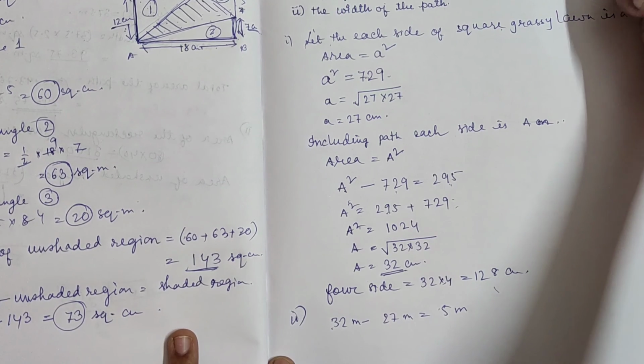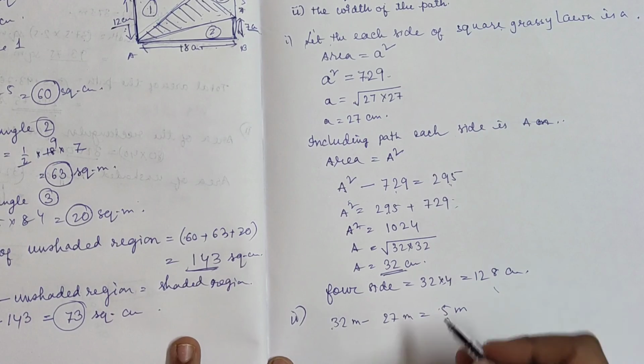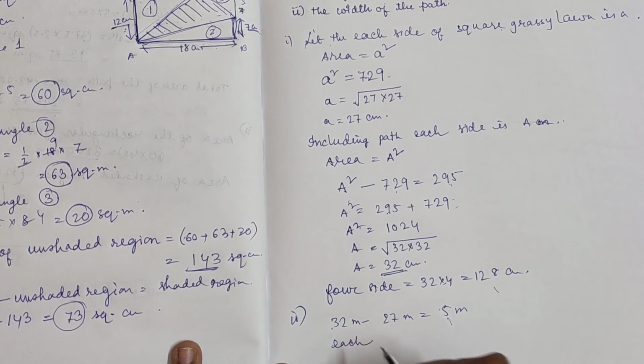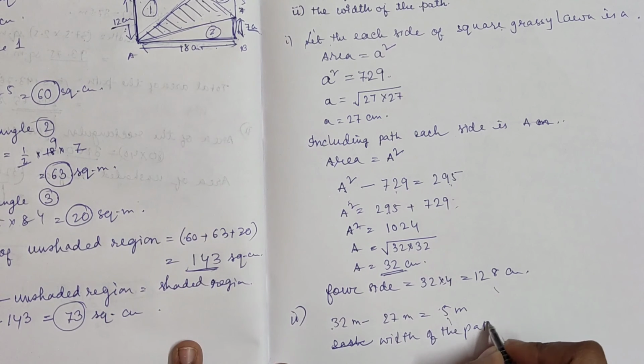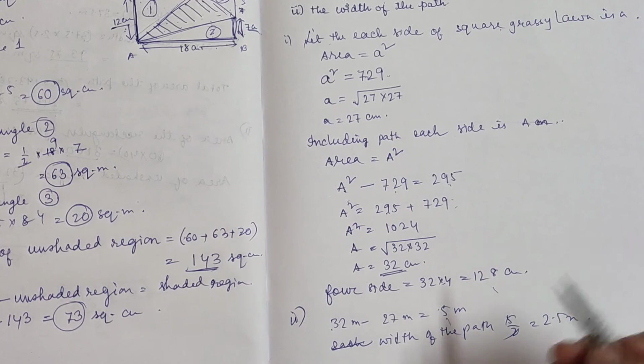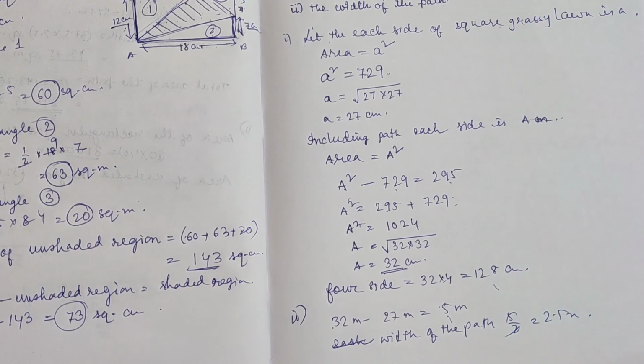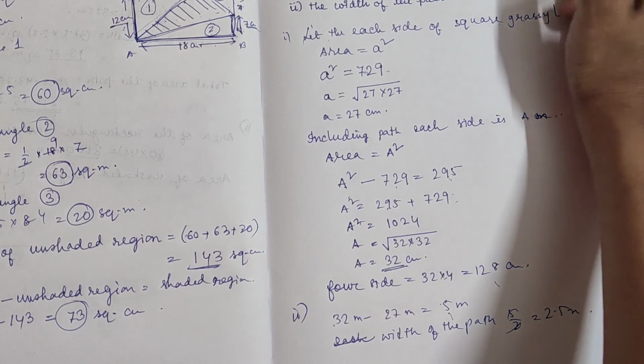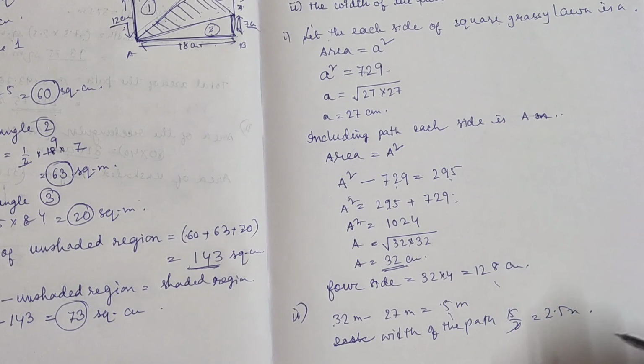This 5 meter means here and here together. So the width of the path is 5 by 2, that is 2.5 meter. Why? Here 2.5, here 2.5. Together it becomes 5. So the width of the path we have got is 2.5 meter. This is the answer of 12.